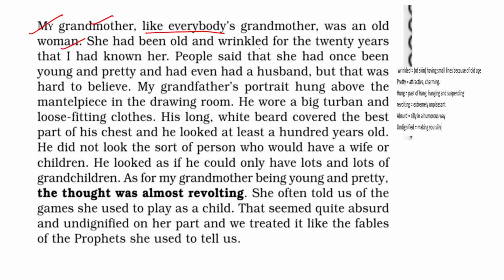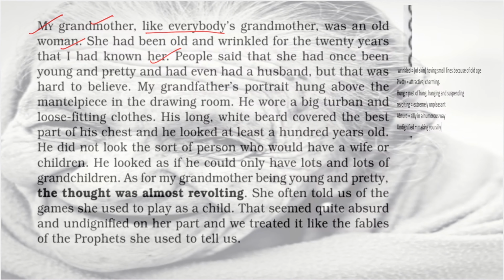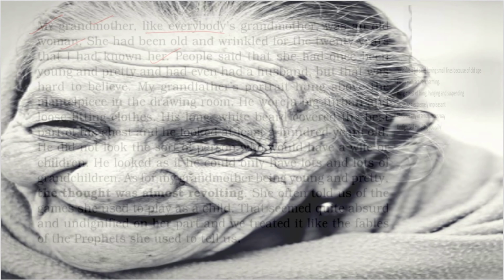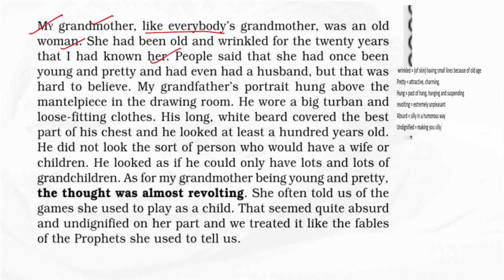She had been old and wrinkled for the 20 years that I had known her. This grandma remained at the same old age, with wrinkles, for the last 20 years.